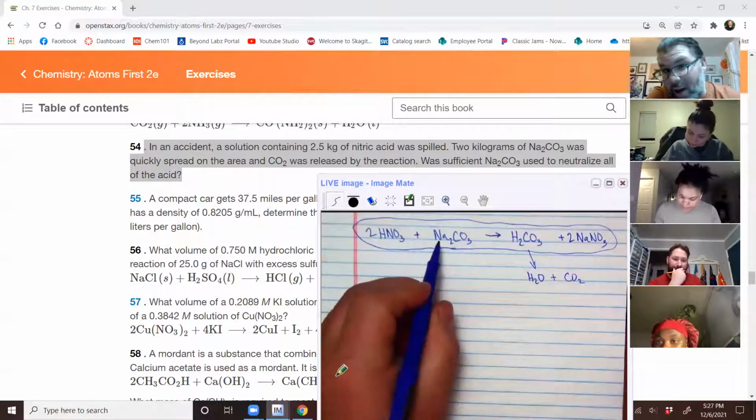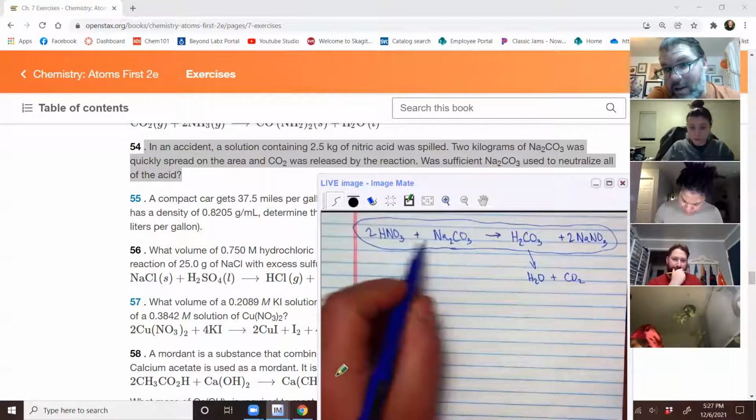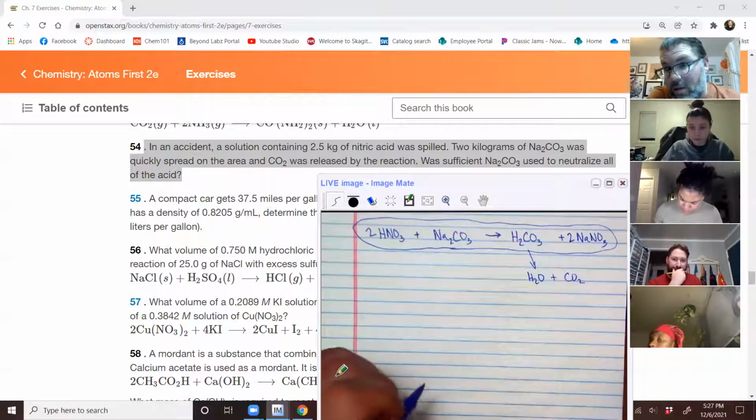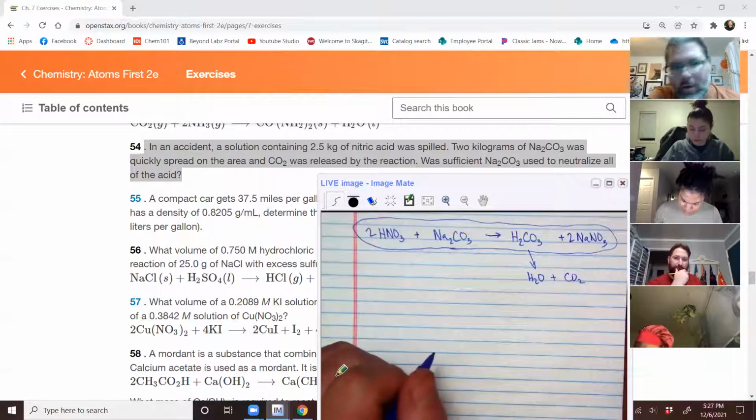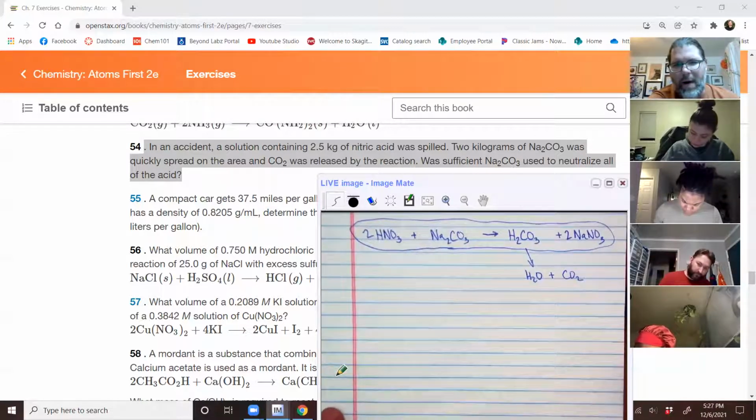After writing that reaction and balancing it, we realize that it takes 2 nitric acids to react with every 1 sodium carbonate. All right, so let's see if we can finish the rest of our problem.